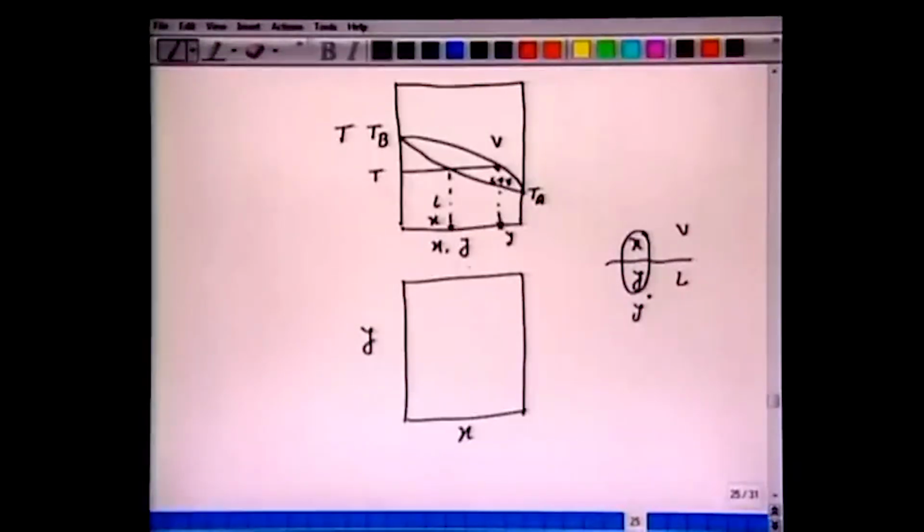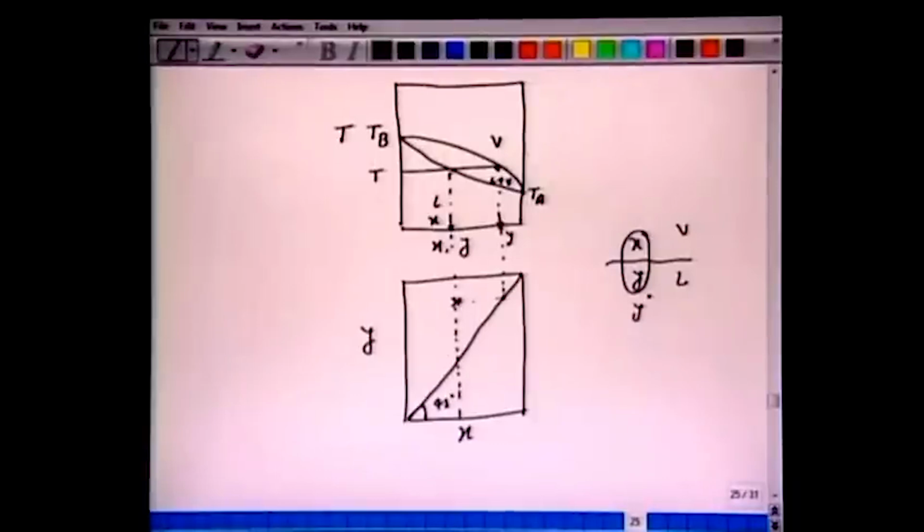Now if you want to plot Y versus X, the best would be first to draw this 45-degree line here. We take this projection here, X, and corresponding to this X, this liquid phase, vapor is in equilibrium. So this Y we can extend to the 45-degree line and move in this direction to obtain this coordinate.